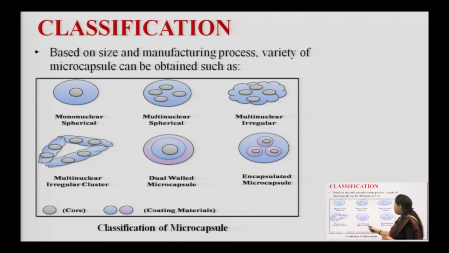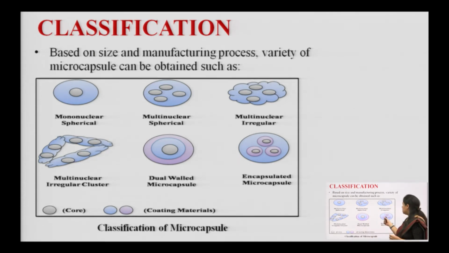Now, the dual walled microsphere represents a multi-layer coating of polymer substance onto the core material. That is why we call it dual, because you can have dual layers of polymers. Now, encapsulated capsules means a single polymer coating contains already existing tiny microcapsules within the layer.